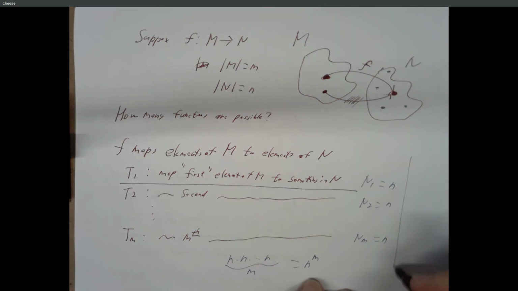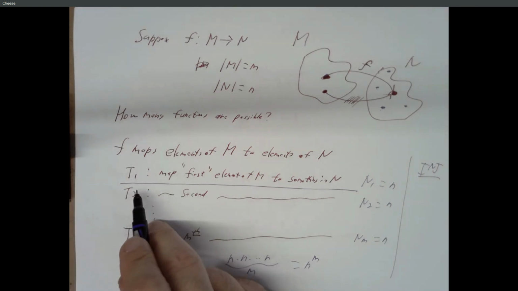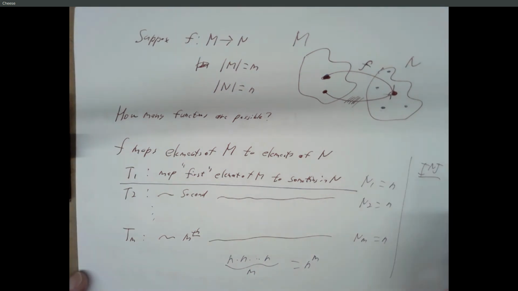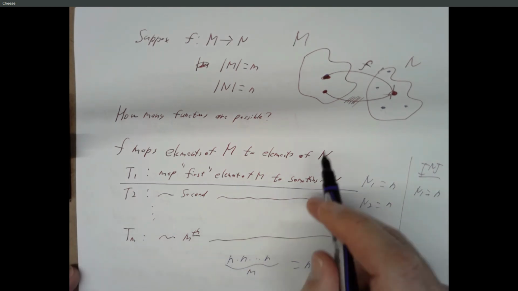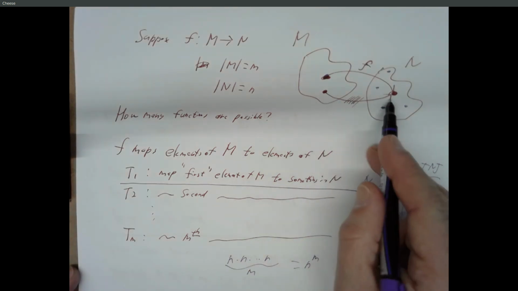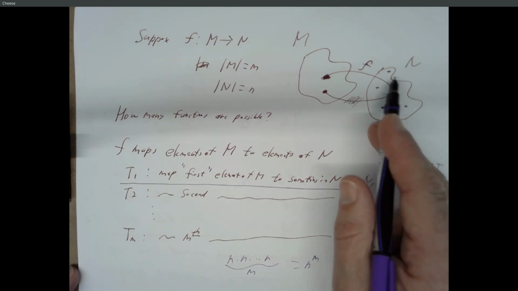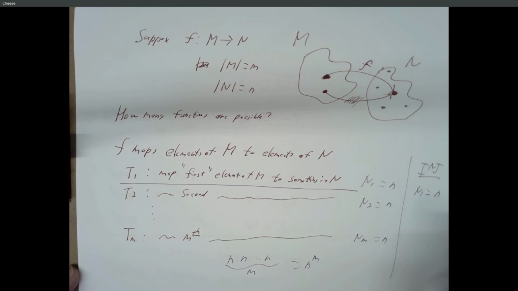So if we make this injective, task T1 is picking some first element and mapping it. That can go anywhere, so there are still n ways that we can satisfy task T1. T2 says, take your second point and map it into N. Well, it can't go to the same point that T1 went to, so we've only got n minus 1 possibilities.